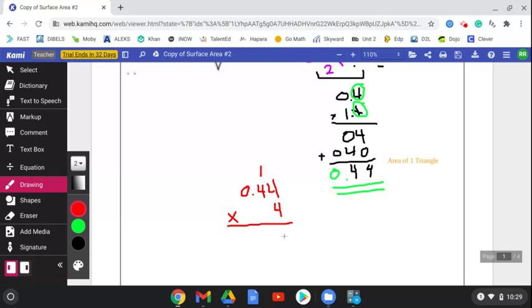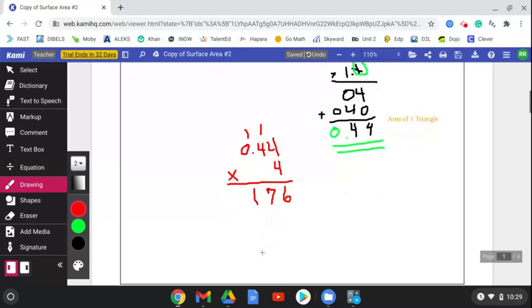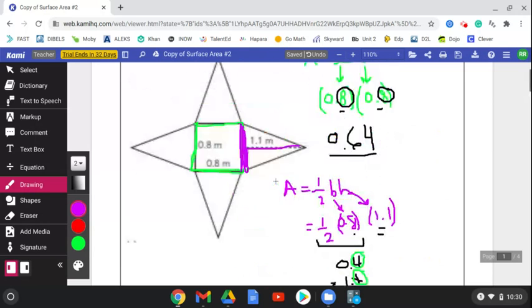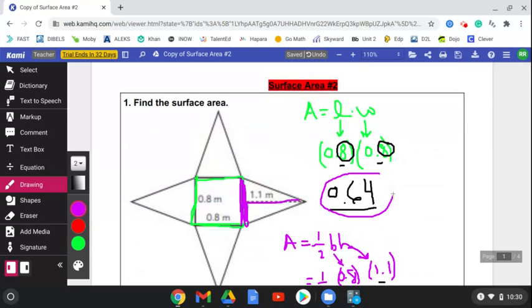So 4 times 4 is 16 plus 1 is 17. 4 times 0 is 0 plus 1 is 1. So I get 2 digits after the decimal, and so that would be 1.76. So this is the area of all 4 triangles. This is the area of the square.